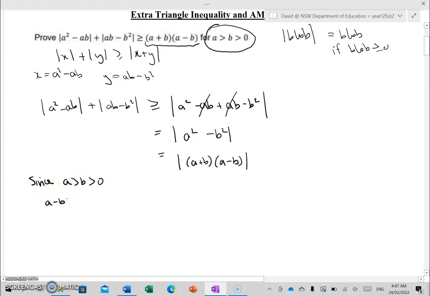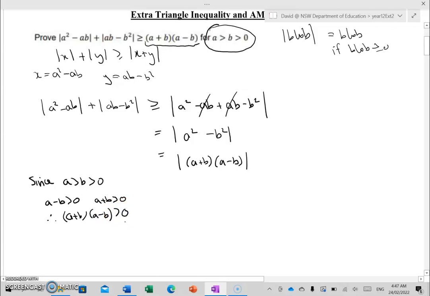I can say a minus b is going to be greater than 0. So that second bracket's definitely positive. And we also know that a and b are positive themselves, so if you add, that'll be greater than 0 as well. So I know that both brackets will be positive, so therefore a plus b times a minus b will be greater than 0.